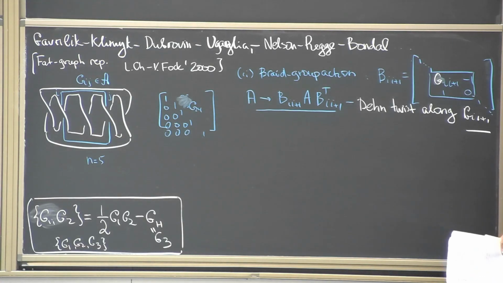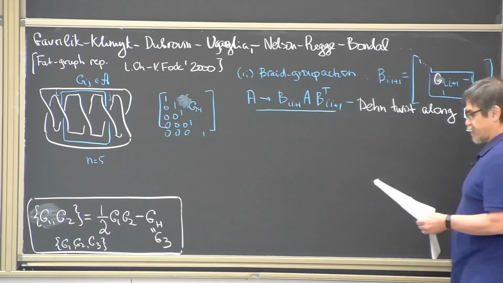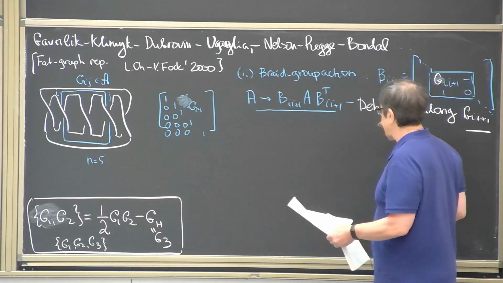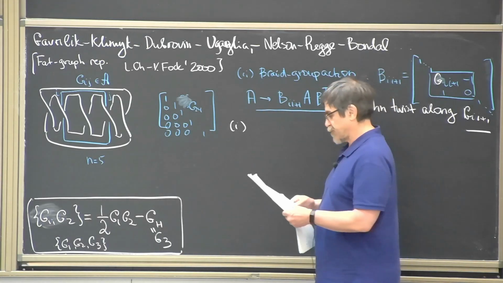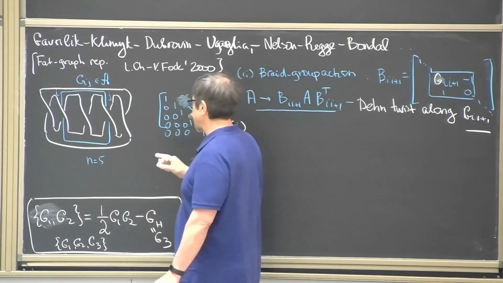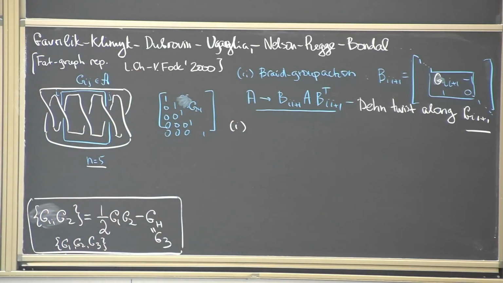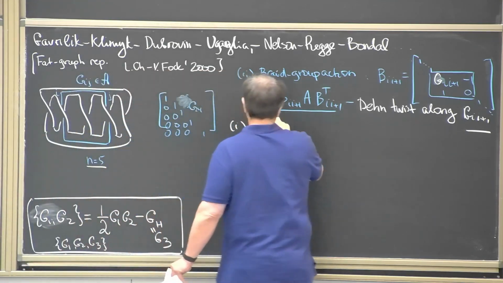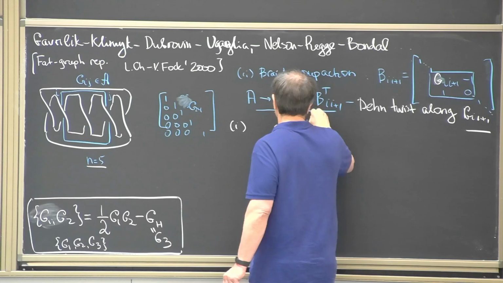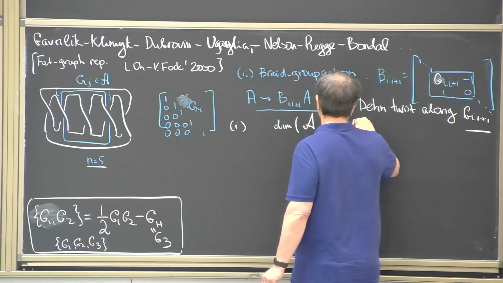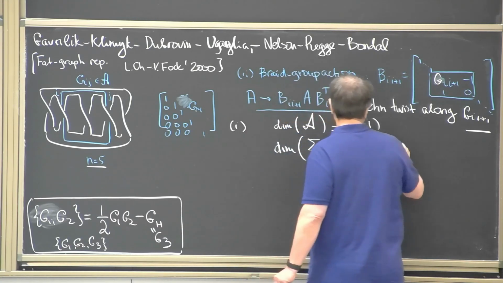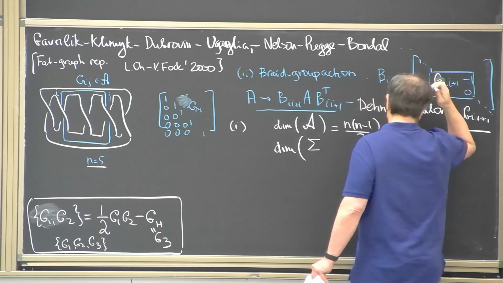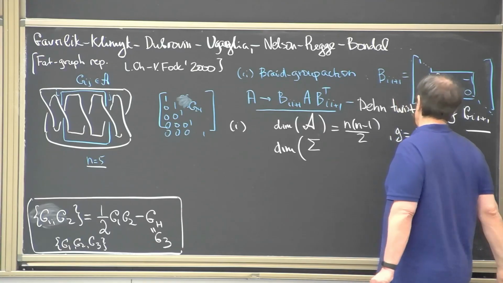So just to convince you that this object has some right to exist and is interesting, there were two problems that were not much known, or not known at all, or at least not known to myself for many years. First, if you compare the dimensions of the corresponding spaces, the dimension of this space A is obviously (n minus 1) by 2, and the genus is the integer part of n by 2.